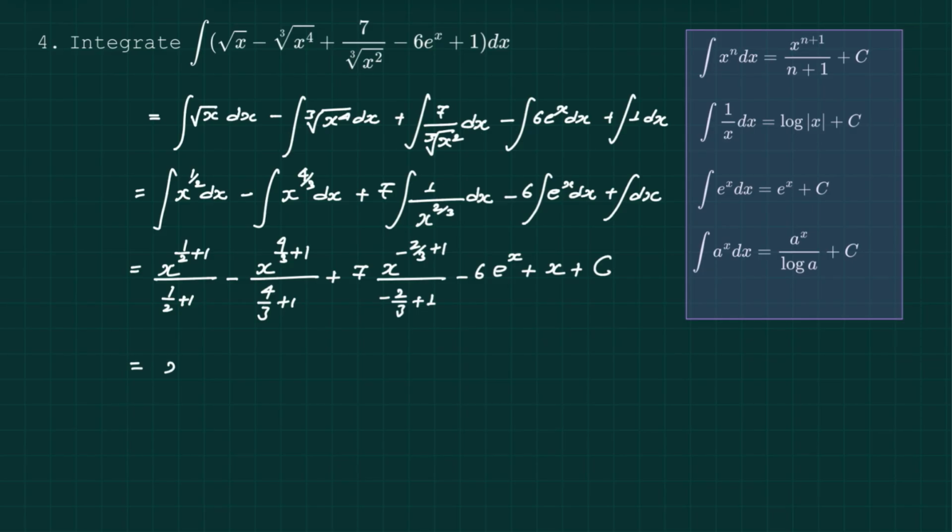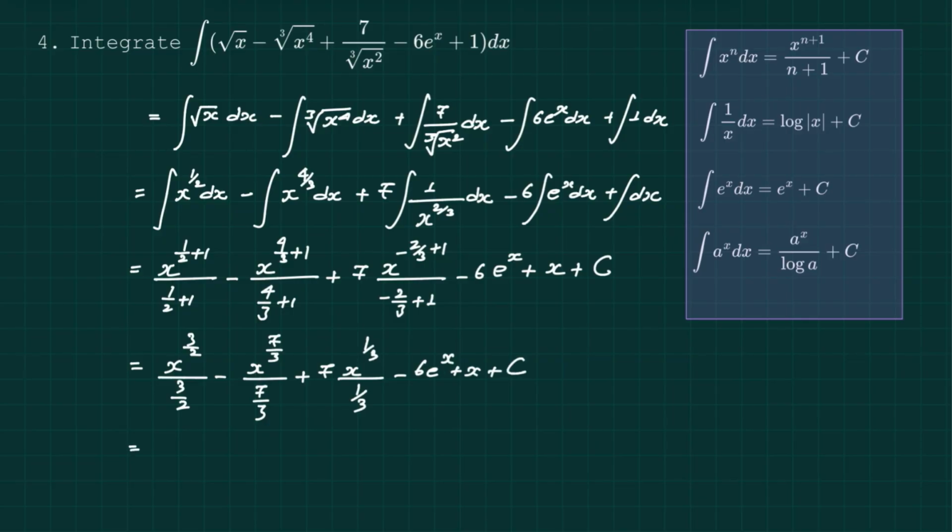Then this will be x to the power half plus 1 is 3 by 2 divided by 3 by 2 minus x to the power 4 by 3 plus 1 will be 7 by 3 divided by 7 by 3 plus 7 x to the power 1 minus 2 by 3 will be 1 by 3 by 1 by 3 minus 6 e to the power x plus c.